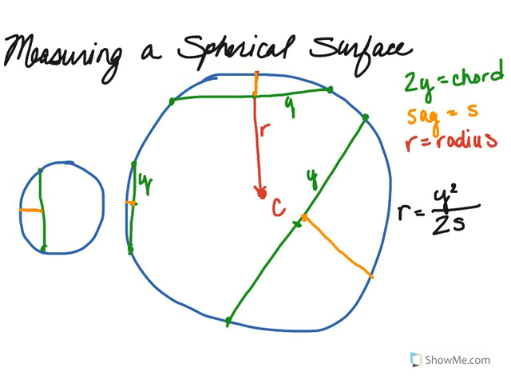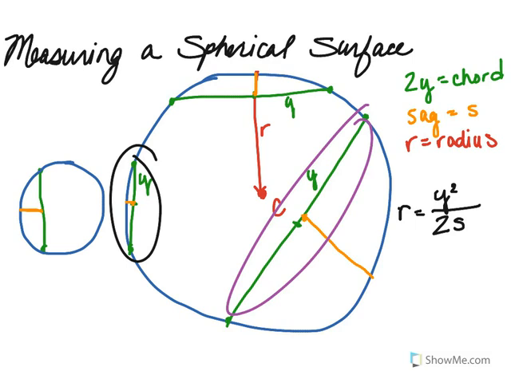This approximation works really well if your sag is much less than the radius of curvature, so maybe a situation like this one.